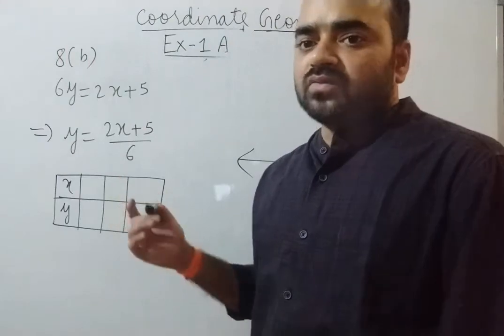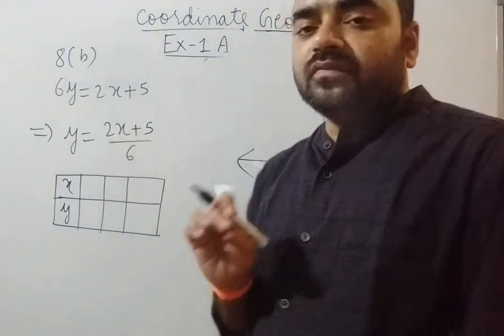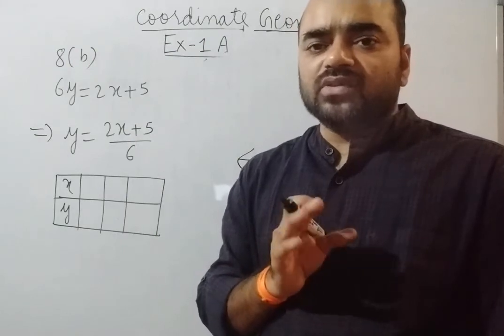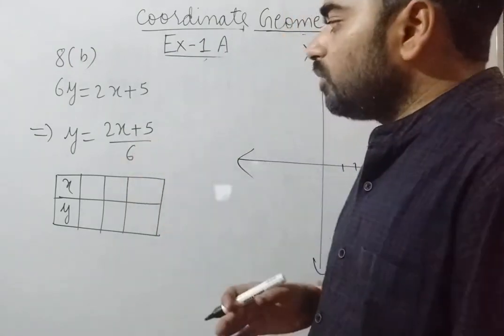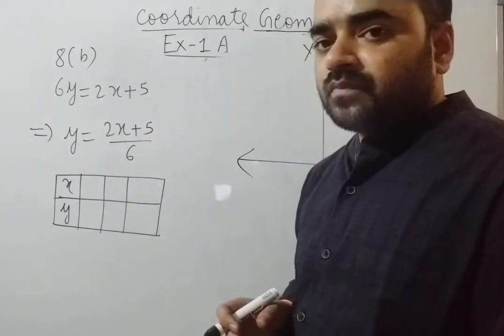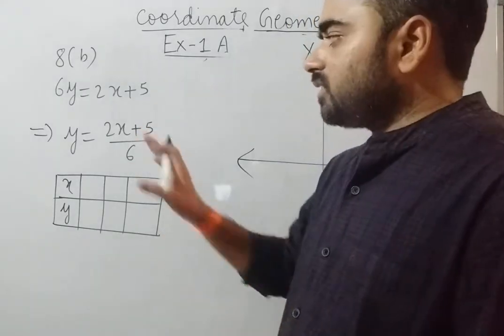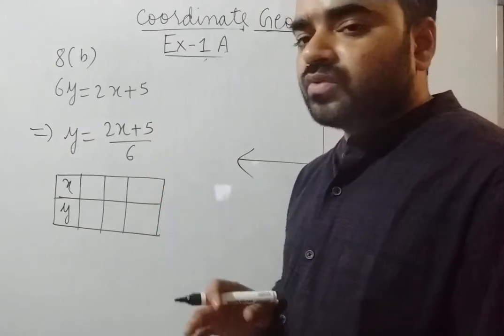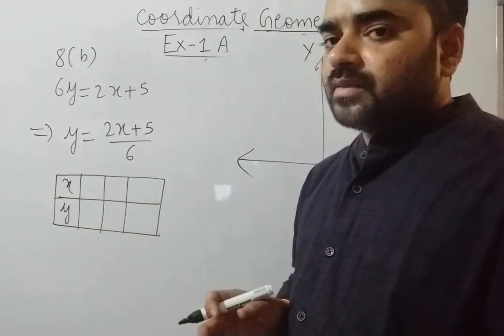So we have to now check. We require whole values or 1 by 2 values. First, if you put x equal to 0, that is a problem. x equal to 1, again a problem. x equal to 2, again a problem.